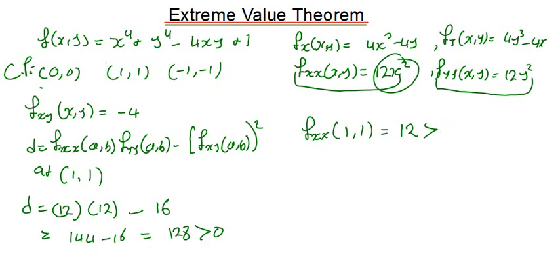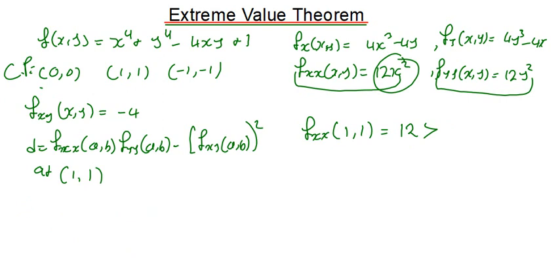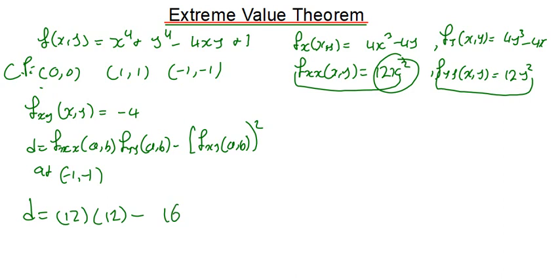Now let's talk about what we are going to have at negative 1 comma negative 1. Our discriminant, if you substitute with negative 1 here, is positive, so it's simply the same: 12 by 12 minus 16, which gives 144 minus 16, which is 128, still greater than 0.